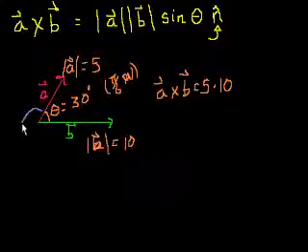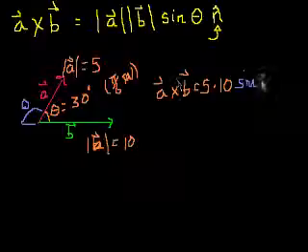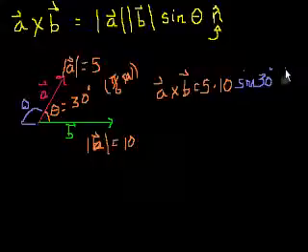But I said earlier that it was the smaller, the acute angle between them, up to 90 degrees. So it's going to be sine of 30 degrees times this vector n, and it's a unit vector, so I'll go over what direction it's actually pointing in a second. Let's just figure out its magnitude.